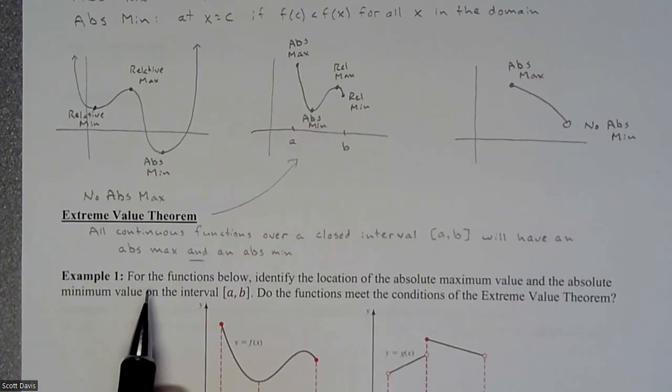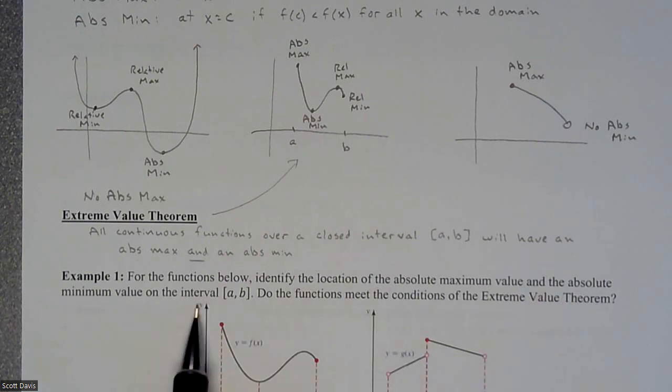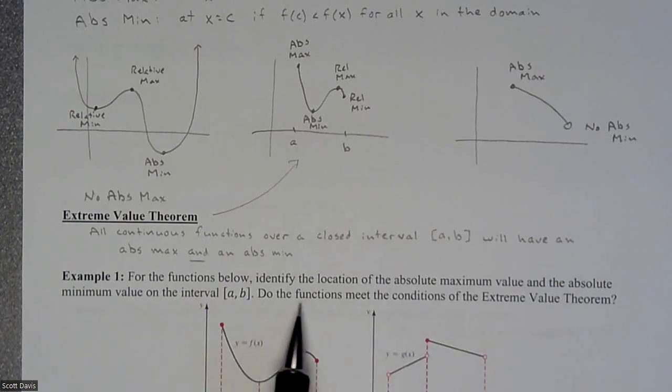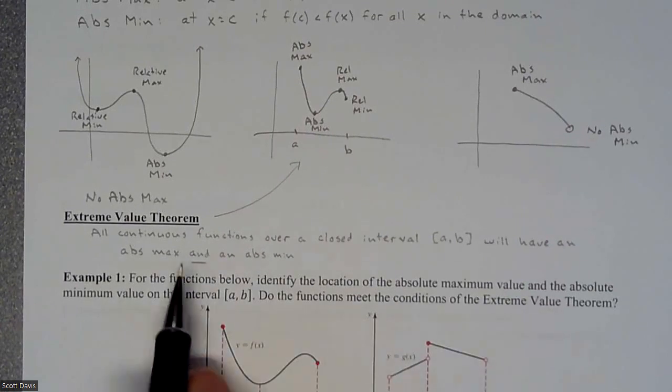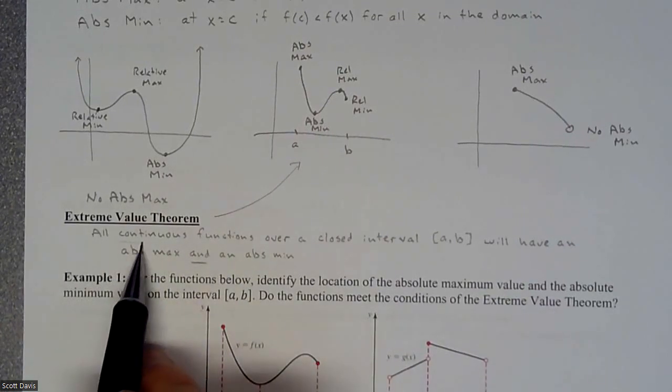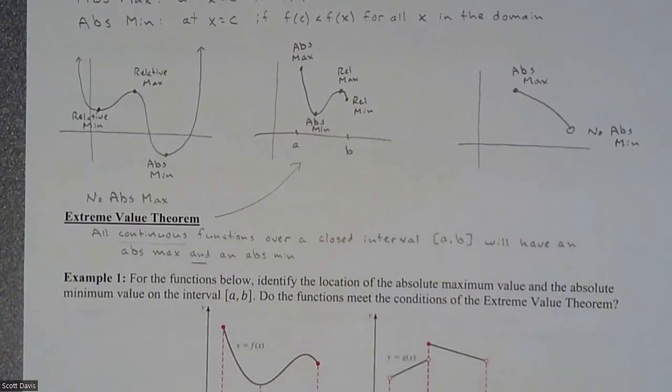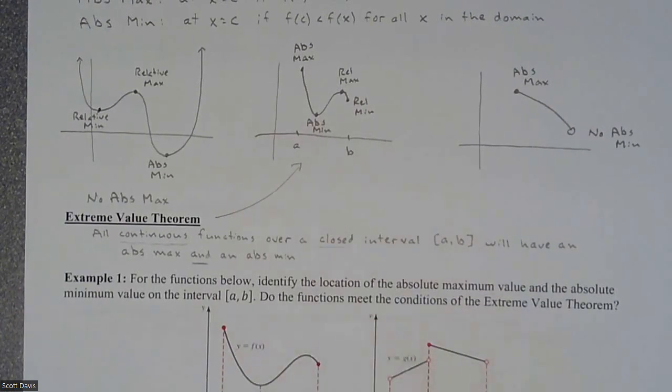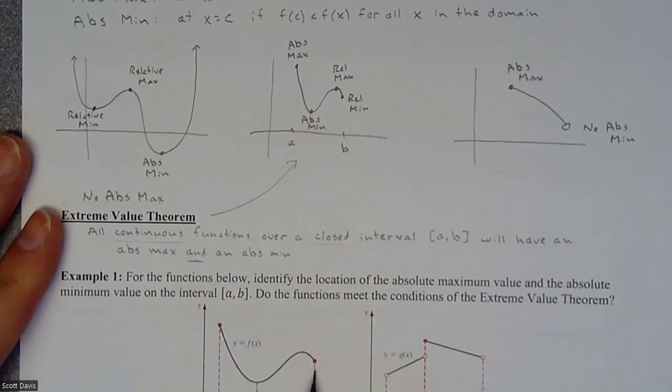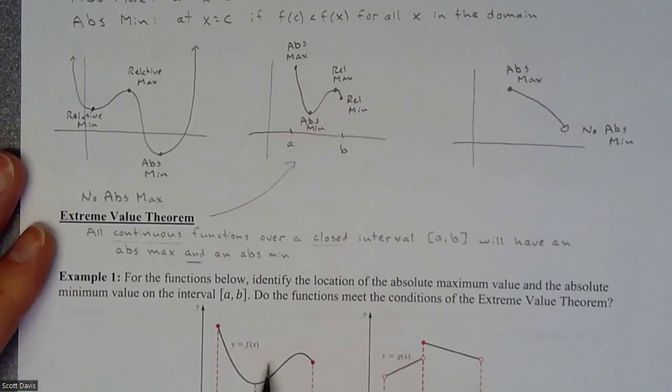For the first example, for the function below, identify the location of the absolute maximum values and the absolute minimum values on this interval. Do the functions meet the conditions for the extreme value theorem? It's got to be continuous, and we have to have a closed interval. Those are the two big things. We have a graph that is continuous, and it is closed because I can see the endpoints.